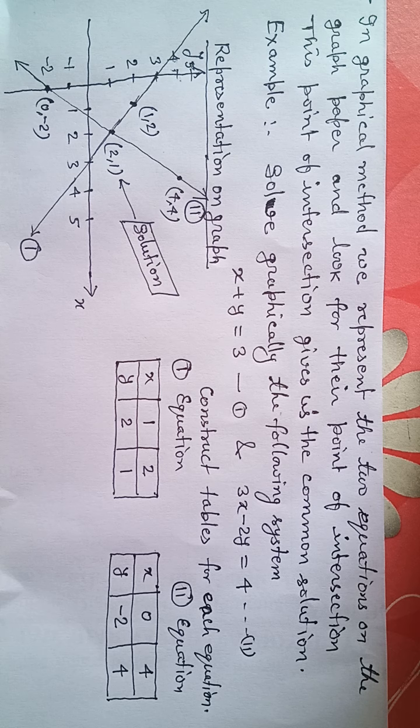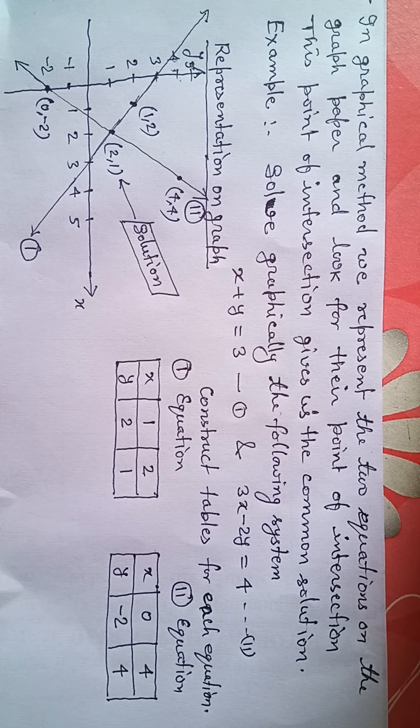Similarly here (0, -2) and (4, 4) are solutions of this linear equation 3x minus 2y is equal to 4. I have taken these points as per my convenience. You can take your points your own way and as per your convenience, but it must be in a fashion so that you can represent these points on your graph paper.